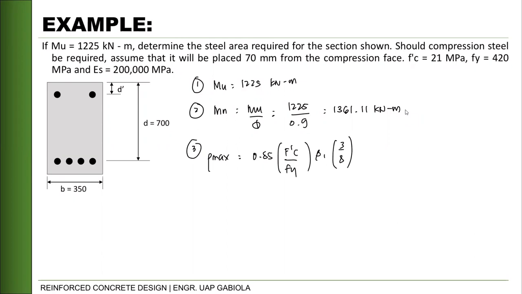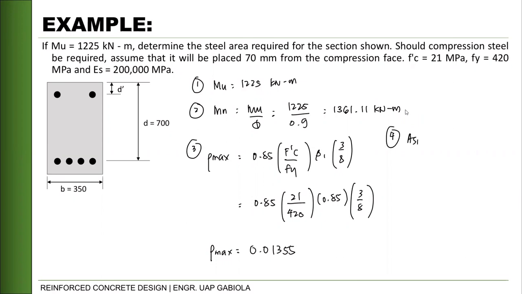Assuming ACI again, 0.85, our F prime C is 21, then 420, and beta 1 for 21 is still 0.85, times 3/8. So rho max is 0.01355.